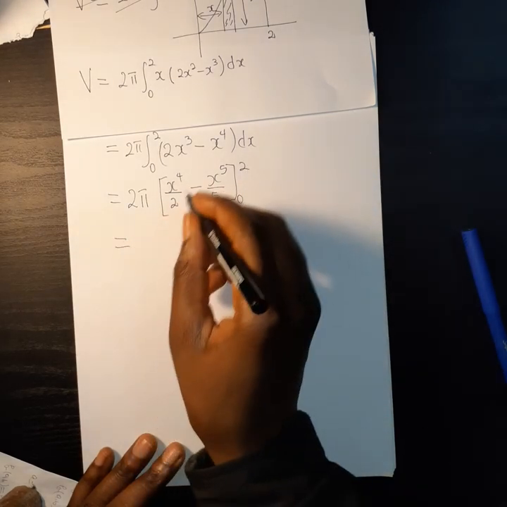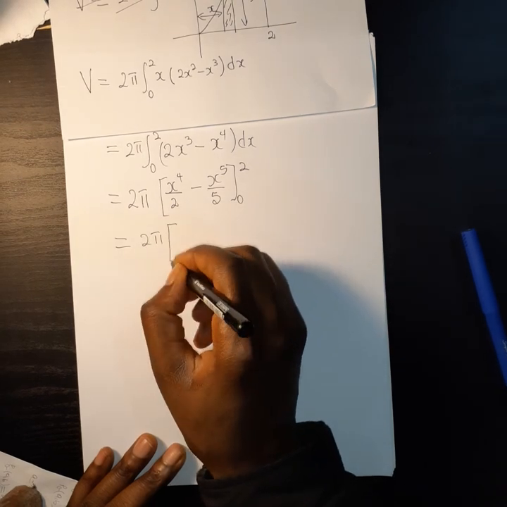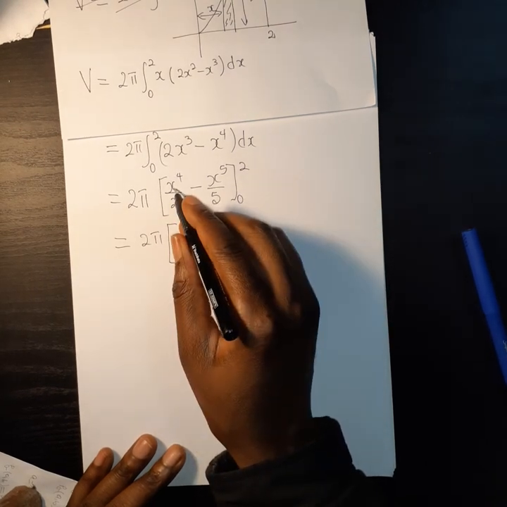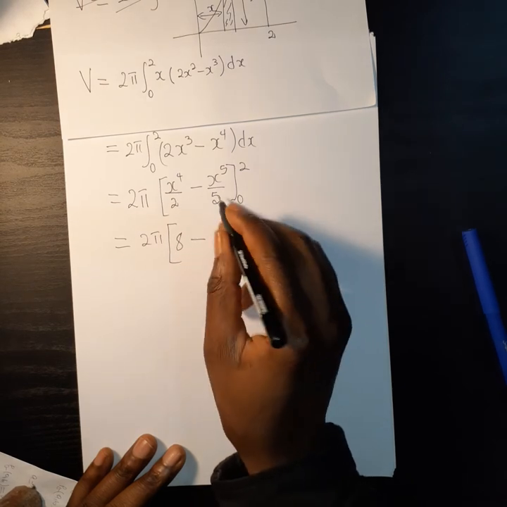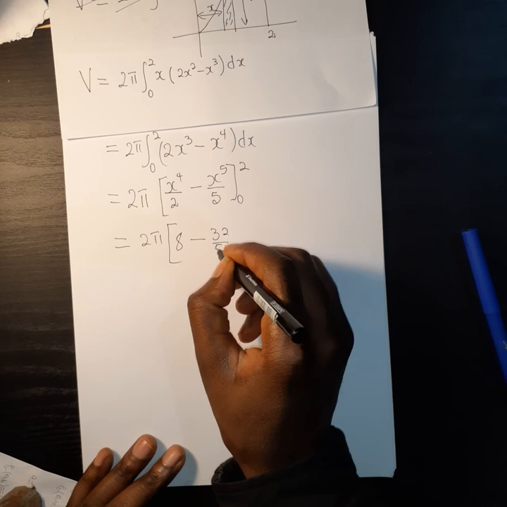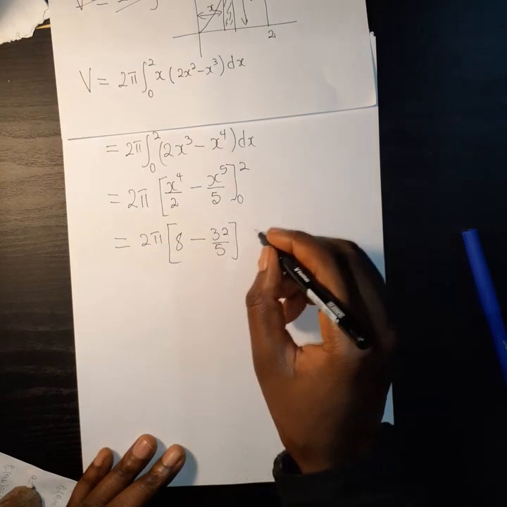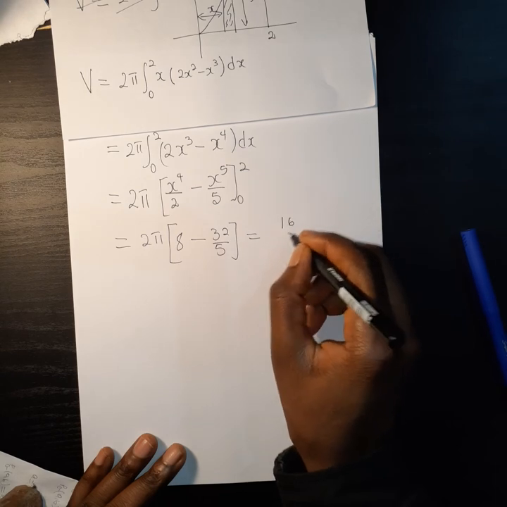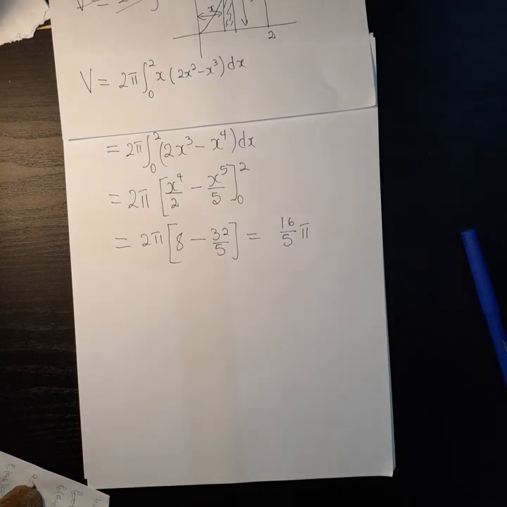And when we substitute, we have our 2 pi. 2 to the power of 4 is like 2 to the power of 3, 8, minus 32 over 5, which is 40 minus 32 is 8 times 2. It's 16 over 5 cubic units with a pi there.